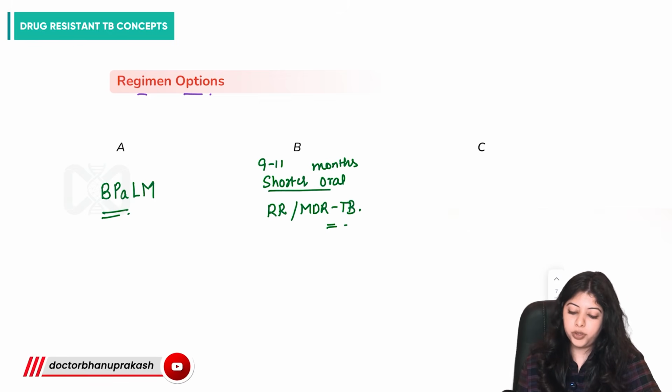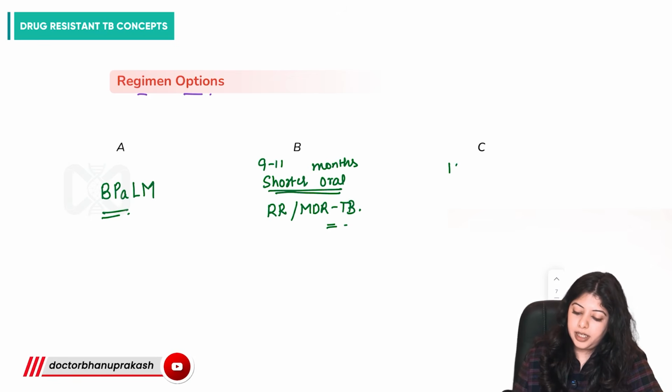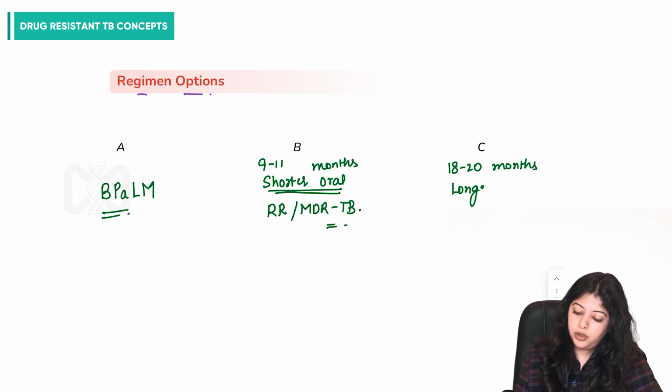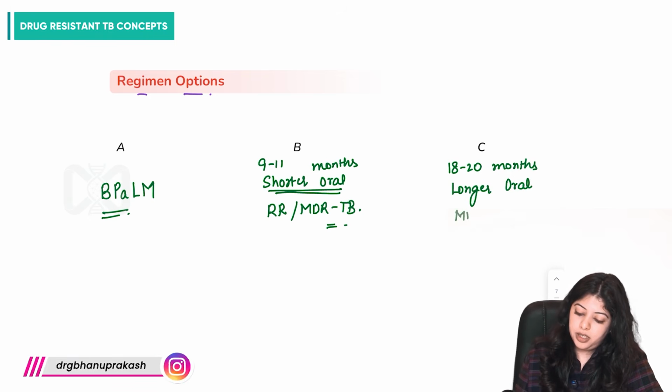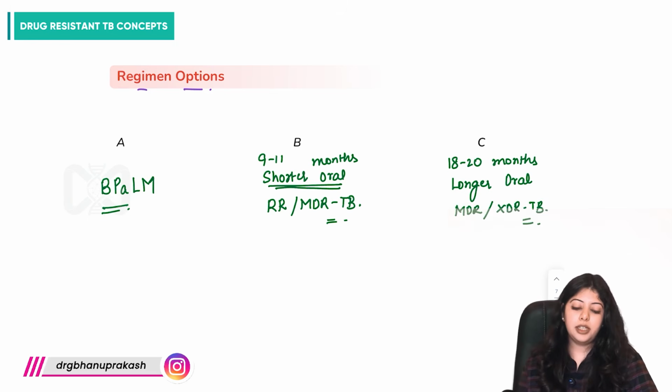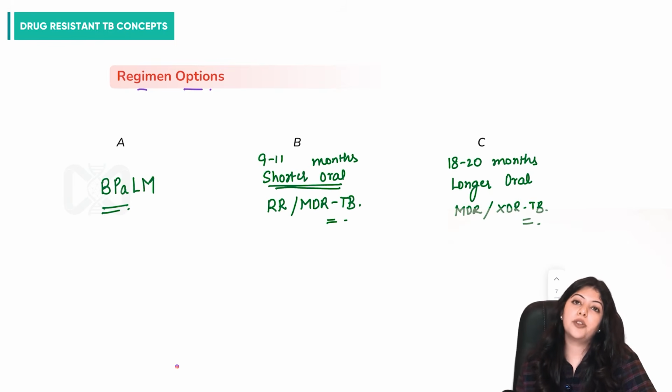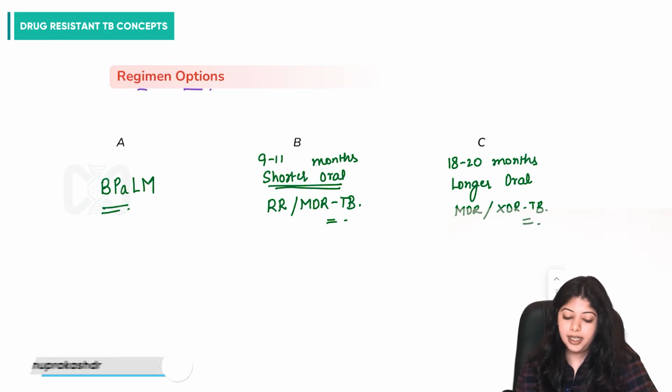Shorter oral course, whereas the third one is the 18 to 20 months longer oral regimen for MDR or XDR-TB. So these are the three regime options, treatment options, which are available presently and are included in the national guidelines.